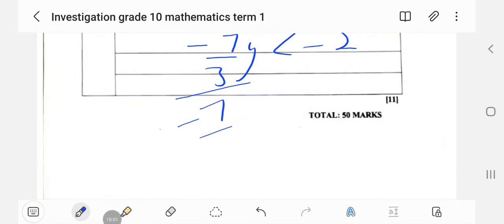Let's divide by minus 7 over 3. Then we are left with y, and the inequality changes. Minus 2 divided by minus 7 over 3.